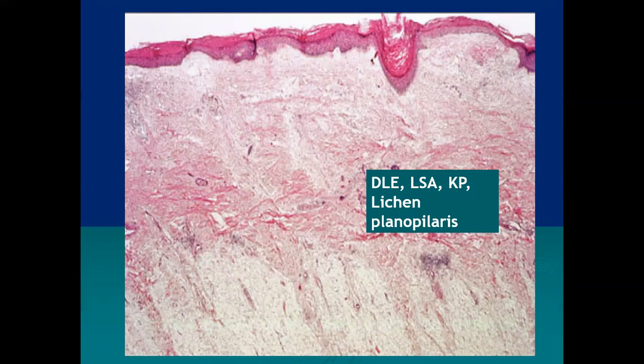And this follicular plugging is a typical feature of a few skin conditions like discoid lupus erythematosus, lichen sclerosis atrophicans, keratosis pilaris, and lichen planopilaris. So there are not many conditions in which the significant finding of follicular plugging is seen. And if you find a follicular plugging in a stratum corneum, these 5 conditions should automatically come into your mind.